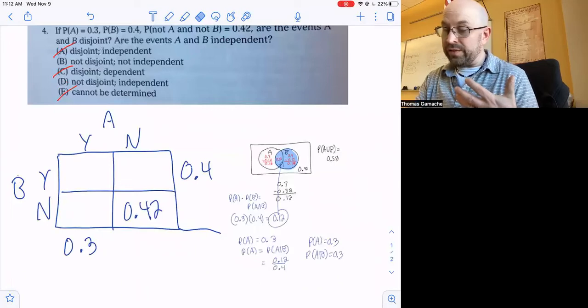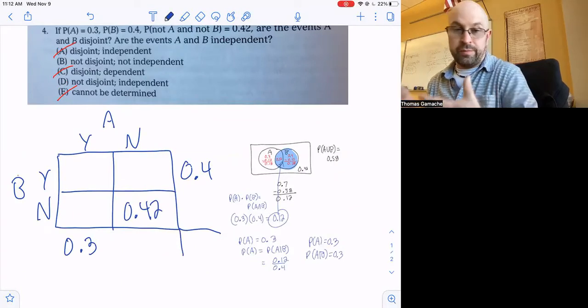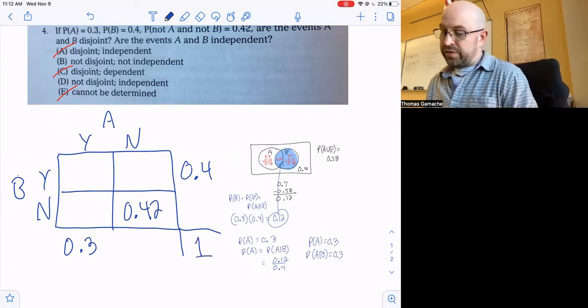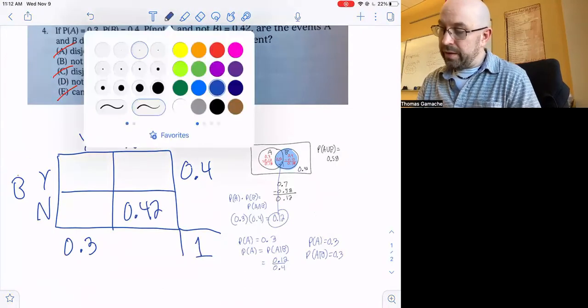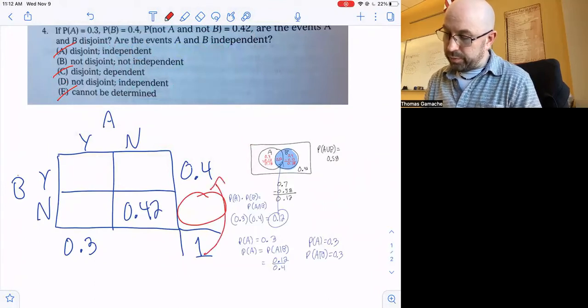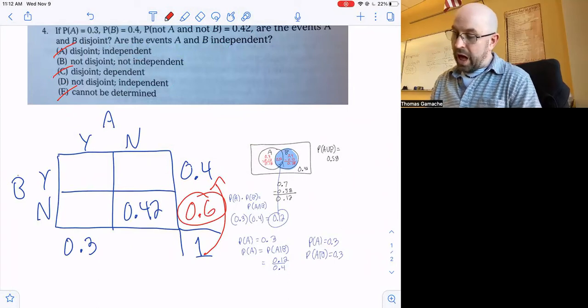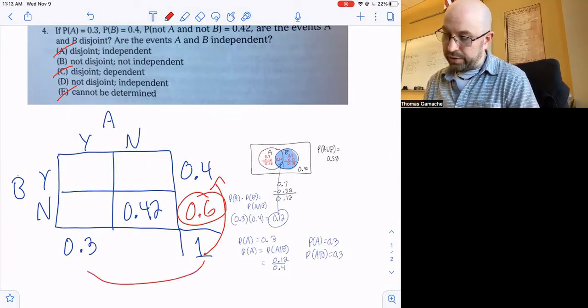What I can do now is work backwards a little bit. I know these all have to add up to 1. It's my sample space. It always adds up to 100% or 1. So I can fill in this value. 1 minus 0.4 is 0.6, which tells me the probability of B not happening is 0.6. I can also figure out the probability of A not happening. 1 minus 0.3 gives me 0.7.